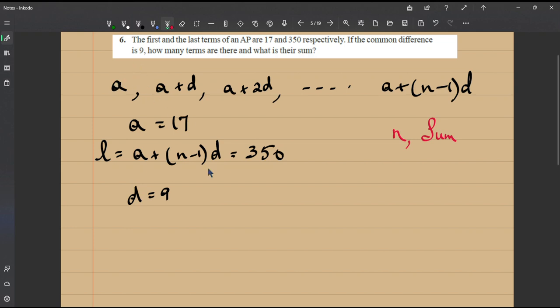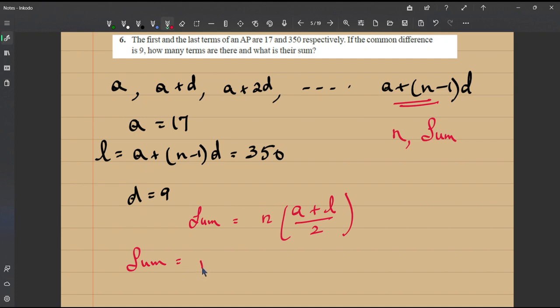So let us proceed with whatever we know. We just saw in the earlier sum that the sum is equal to n, the number of terms, into a plus the last term by 2. So substituting whatever we know, we have sum is equal to n into a plus l, which is 17 plus 350, by 2.